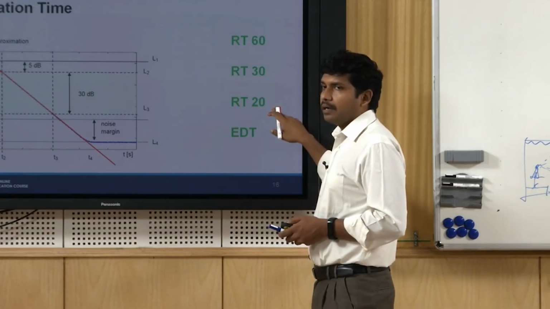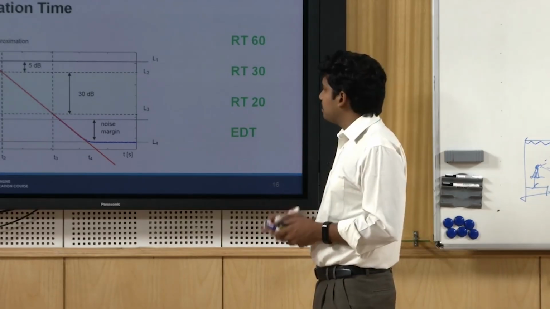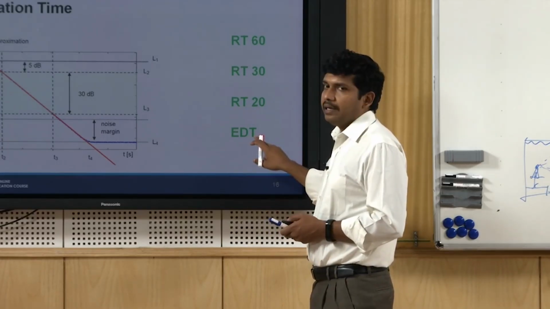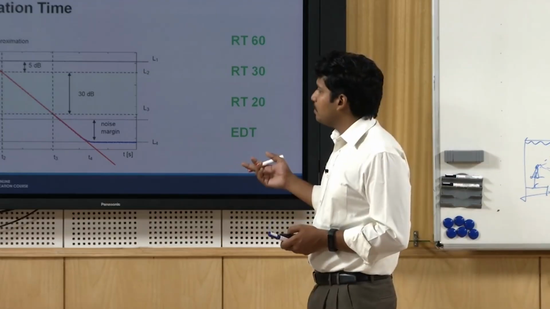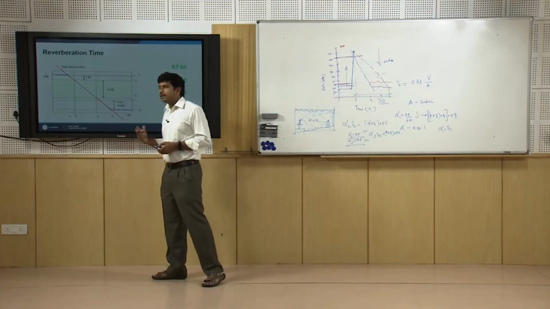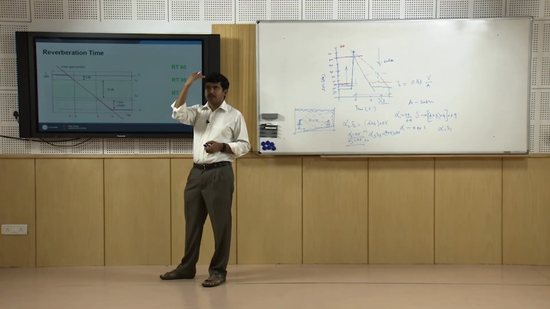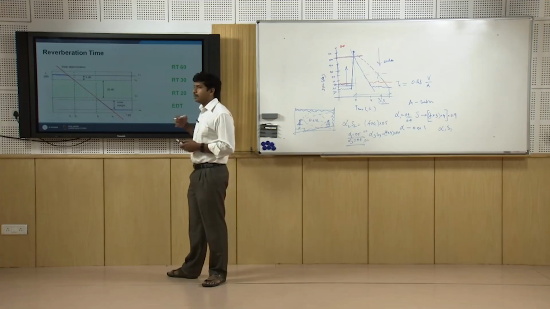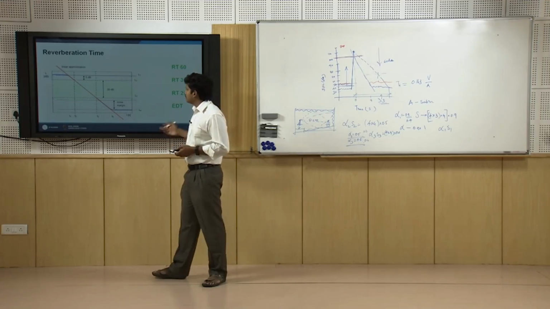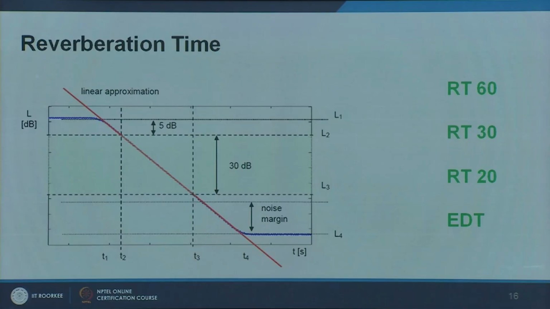You also have RT20 for a short measurement. You have something called EDT or early decay time, which is also important to count lateral reflections. Lateral reflections are those which come to you from the side walls, from the initial ceiling reflectors or the floor planes. We will look at EDT and the reflections in a short while, but you should know that there are different types of reverberation time.